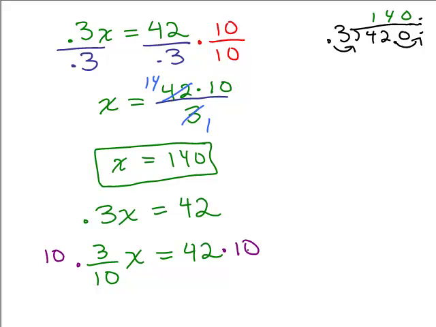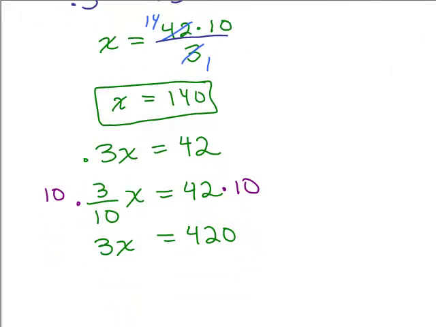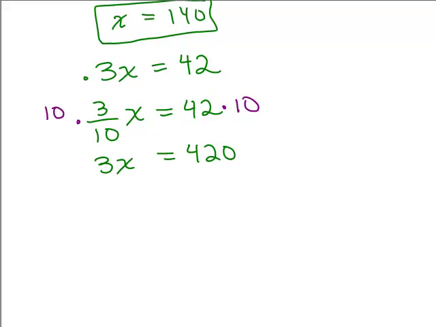Now what happens when you multiply both sides by 10? You get 3x equals 420. You get an equation without fractions. So we also have just whole numbers, no decimals, right? So we started with decimals, 0.3x equals 42.